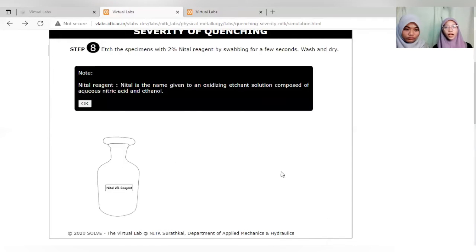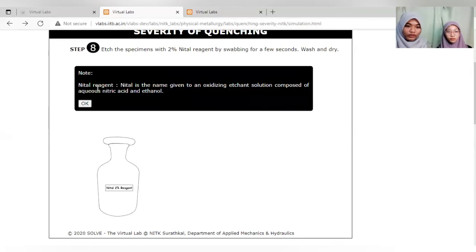So for step 8, Fatin will continue. For step 8, etch the specimen with 2% nital by swabbing for a few seconds. Wash and dry it.